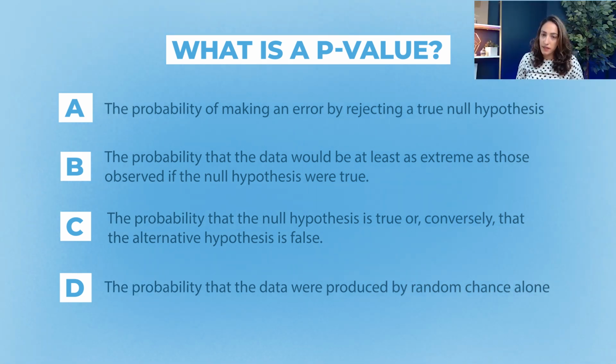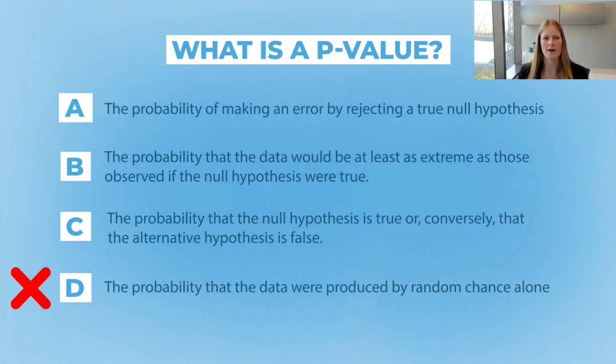And D, researchers often wish to turn a p-value into a statement about the truth or probability of a null hypothesis, or the probability that random chance alone produced that observed data, but the p-value is neither. So I think the big take home is that your p-value, your inference, is assuming that your null hypothesis is true. And so how do you then interpret a p-value?